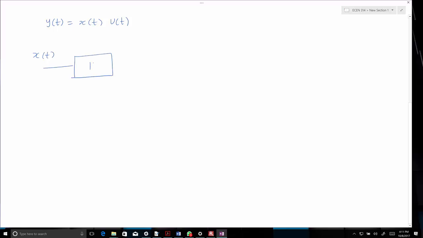We first pass it through the system, then we take the output of that system and shift it by t naught to the right. So this is going to be y of t, and this is going to be y of t minus t naught. What's y of t? y of t is x of t times u of t. What is y of t minus t naught? It's x of t minus t naught times u of t minus t naught.